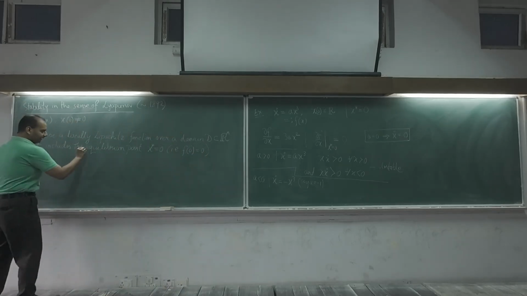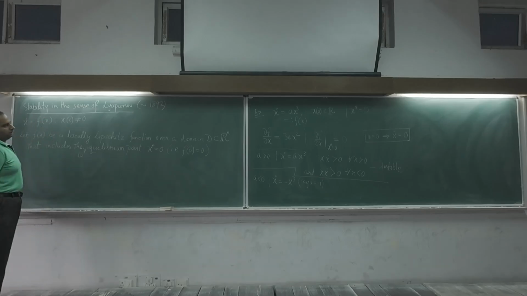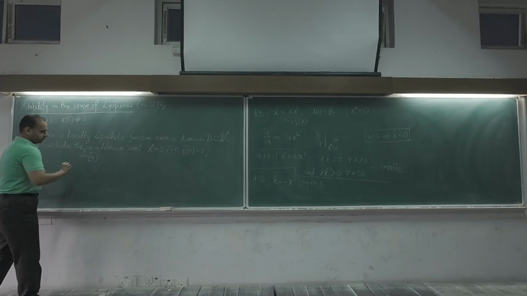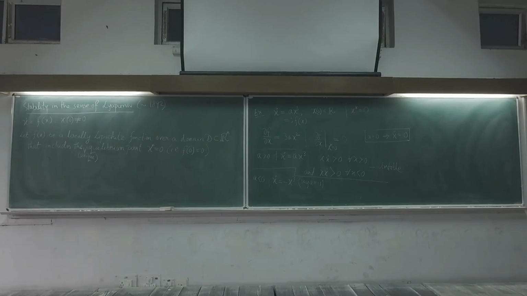And to be technically correct, here we should write that it is the only equilibrium point in this case. Why? Because if there are multiple, then what I am going to write after that will lead to an ambiguity. It will be clear.